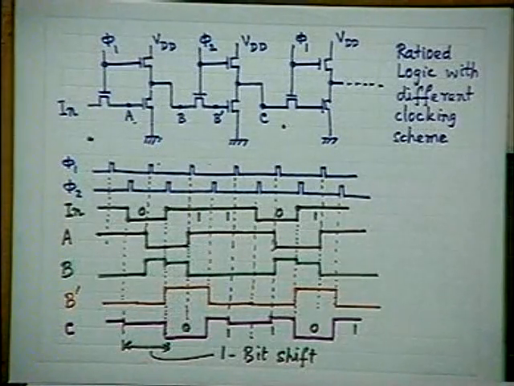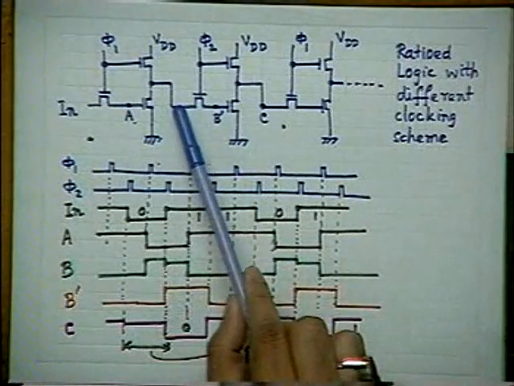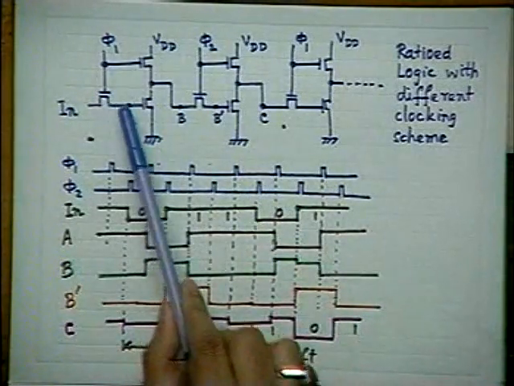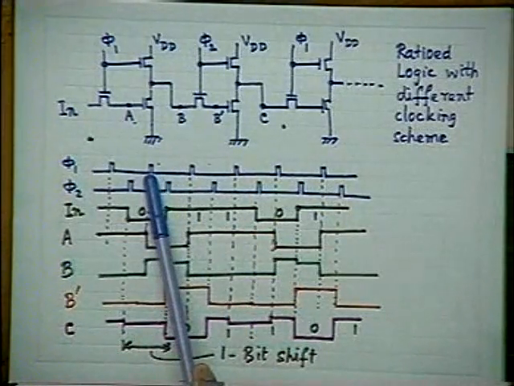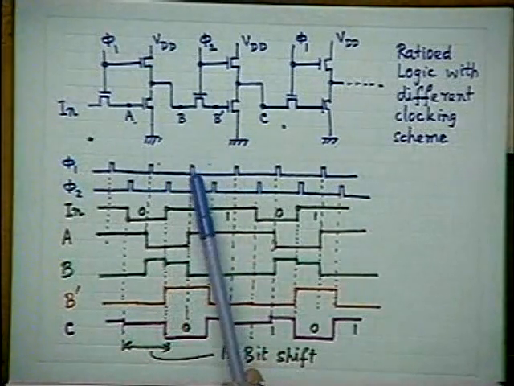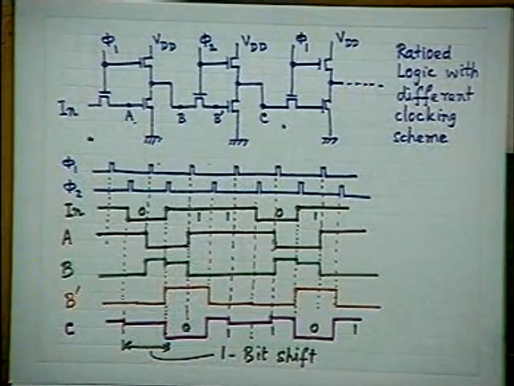In order that there is full logic swing, so that this circuit is less immune to external noise, we must choose the width of the pulses sufficient to allow full charging of the capacitors at the corresponding nodes, for example, A, B, B dash, C, etc. All right, this is how to choose the value of the pulse width or clock duration. Whereas the period is determined by applications.